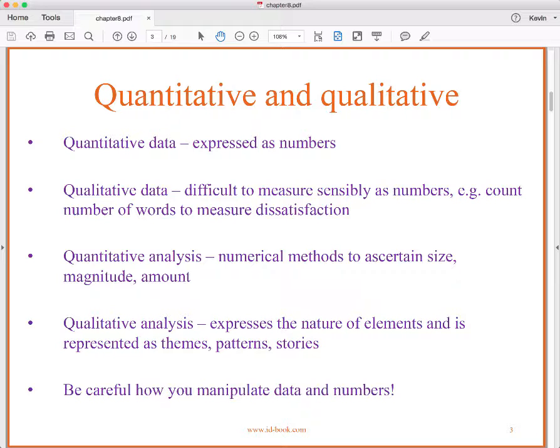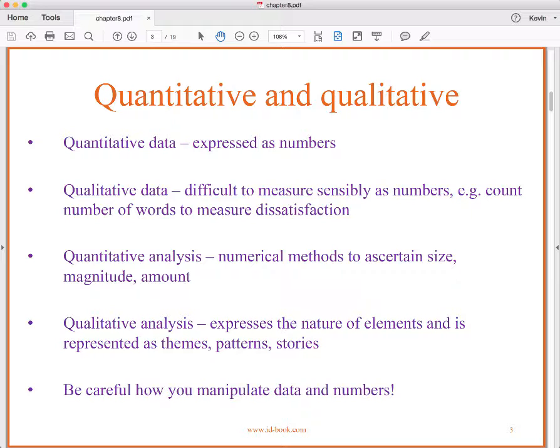They had responses to a questionnaire question that had to do with the dissatisfaction of the subject, and one idea was just to count the number of words in the responses, with the idea that perhaps people who were more dissatisfied would say more and people who were less dissatisfied would say less. And it was suggested that maybe that was a naive way to do that.